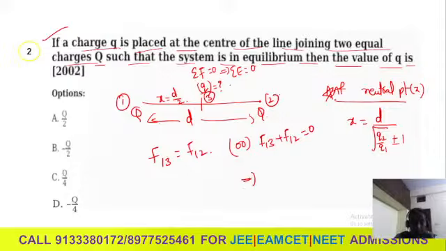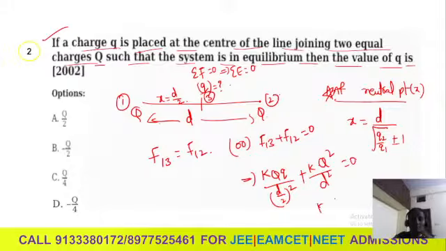So you can say here between 1 and 3 it is KQq by D by 2 whole square plus Kq Q square by D square equal to 0, because between 1 and 2 the field is zero.